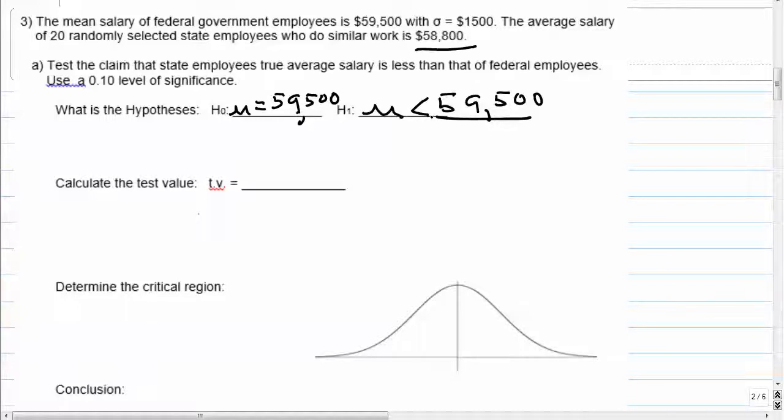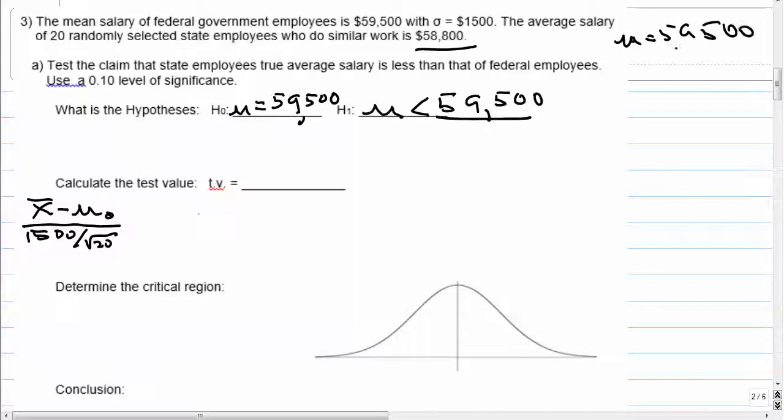To calculate our test value, really it is, quote, a z-score. Okay? Now it looks a little bit different, but the test value is based upon this formula. X bar minus the mean associated with the null hypothesis divided by the standard deviation divided by the square root of n. And in this case, n is equal to 20. What I like to normally do is collect my data, so let me do that. Mu is taken to be 59,500, right?